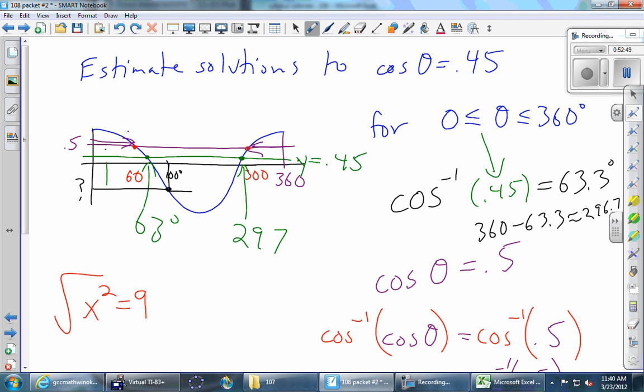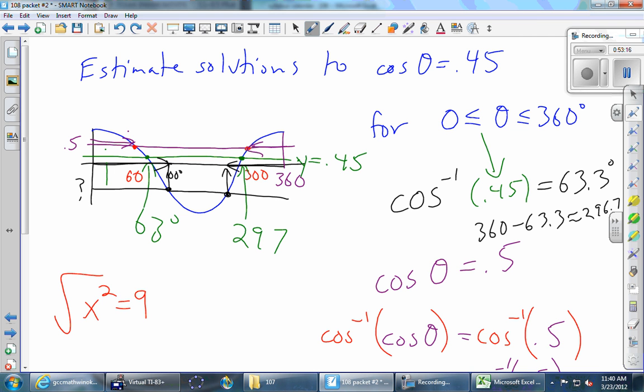If I just keep drawing this line over, we found our other answer is up there. Do you believe it's still 360 minus? If it's 100 in this way, sure seems like it's 100 in that way. For cosine, yes, 360 minus. Whether we're positive, negative, doesn't matter.